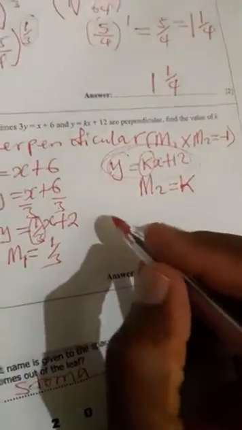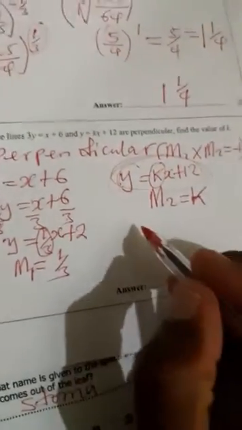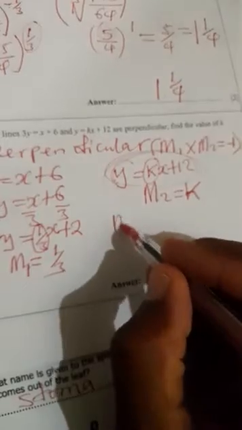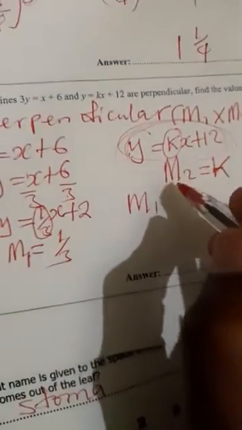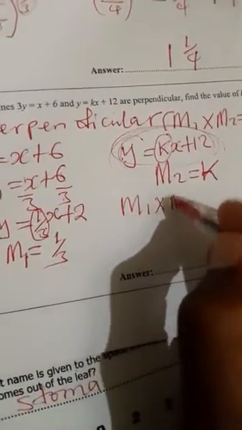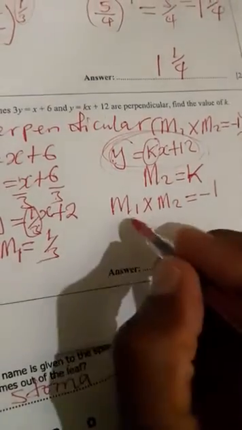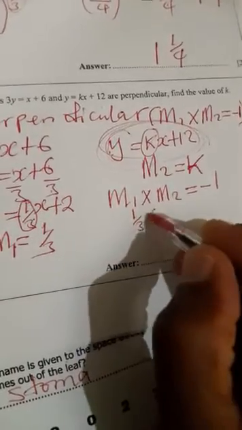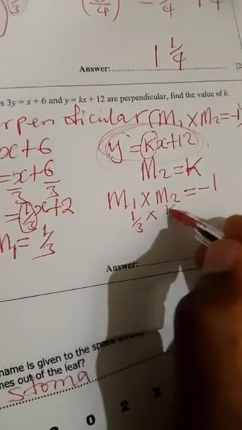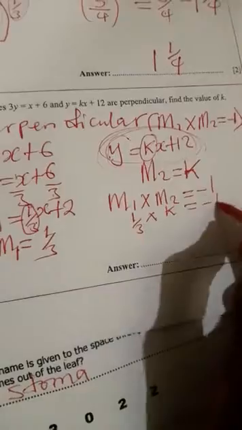So it will be m1 times m2 giving us -1. m1 is 1/3 times m2 is k, is equal to -1.